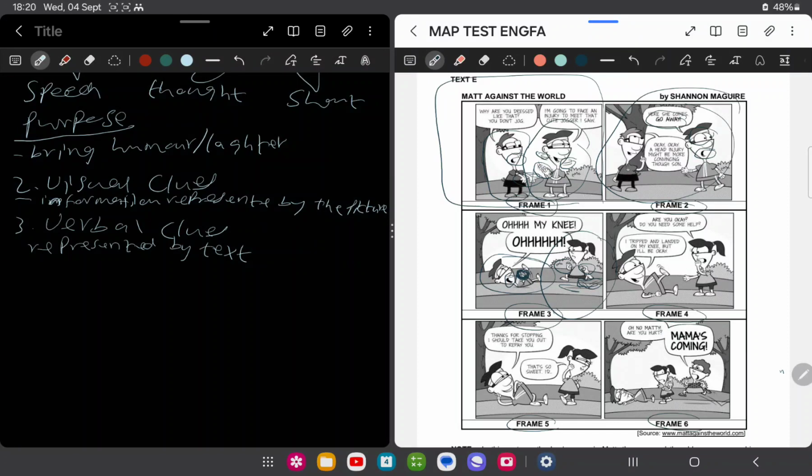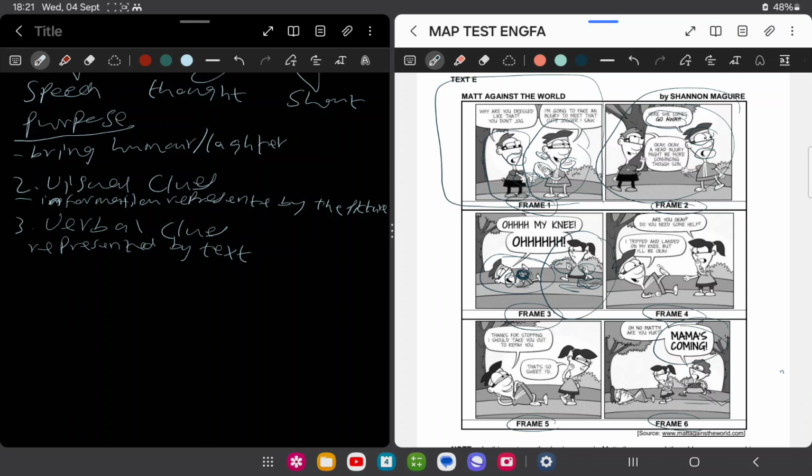Then in frame number 3, the word 'oh' plus the exclamation mark shows that the boy is shouting. And in frame 6, 'mama is coming'. This word shows that the mother is shouting. I hope you understand what I was saying about the verbal clues.